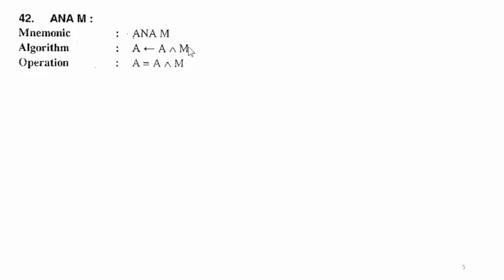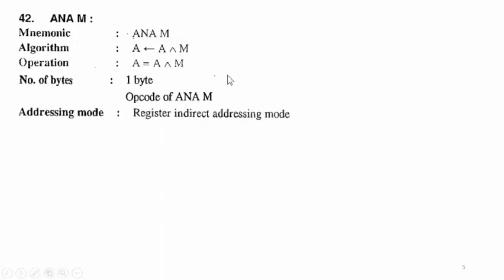Next ANDing instruction is ANA M, register indirect addressing mode. Why? Because here accumulator content is ANDed with memory content, and we get the result in the accumulator. The size of the instruction is 1 byte.